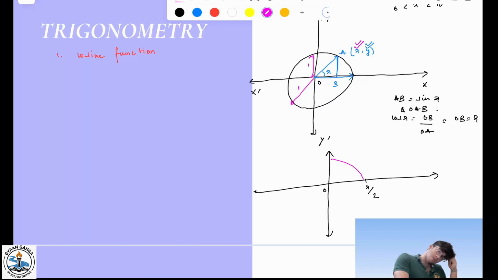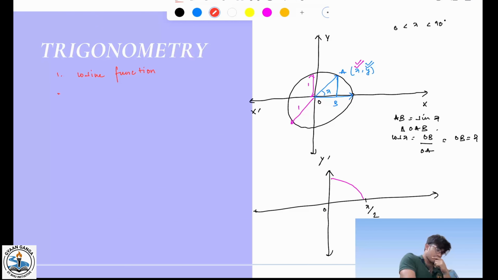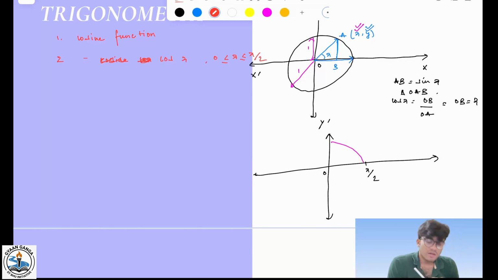So this is the value of the cosine function between 0 and pi by 2. So far we have seen the curve between 0 and pi by 2, right? Now we move on.